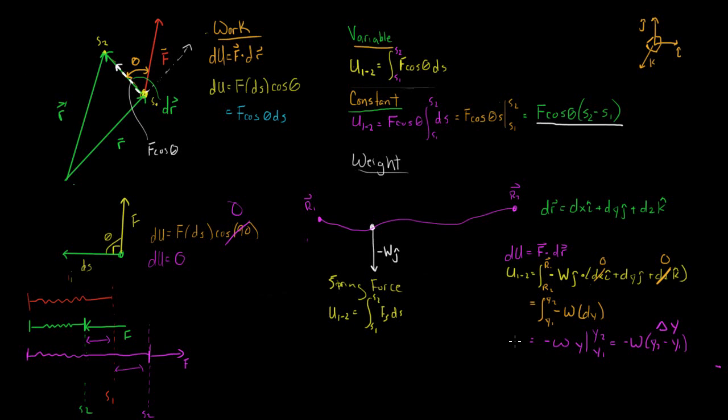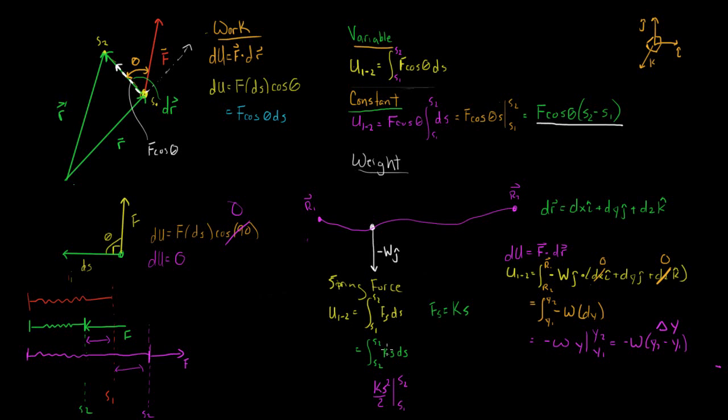And we know the force of a spring is equal to Ks. So if we substitute this into the equation right here, we get the integral from S2 to S1 of Ks ds is equal to the work. And when we take this integral, we're taking the integral with respect to s, then we get Ks squared over 2, evaluated from S2 to S1.